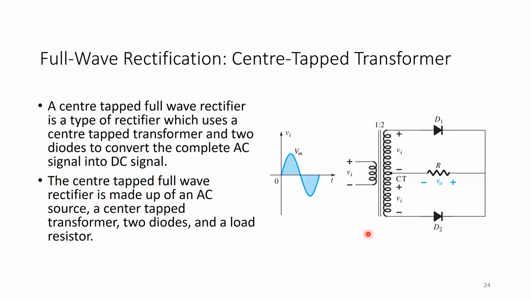Remember when I showed the introduction of a power supply? When you want to do AC to DC, the voltage that comes from AC would most probably already be coming from a transformer. So having a center tapped transformer full wave rectifier makes sense, because the interface to AC is already from a transformer.